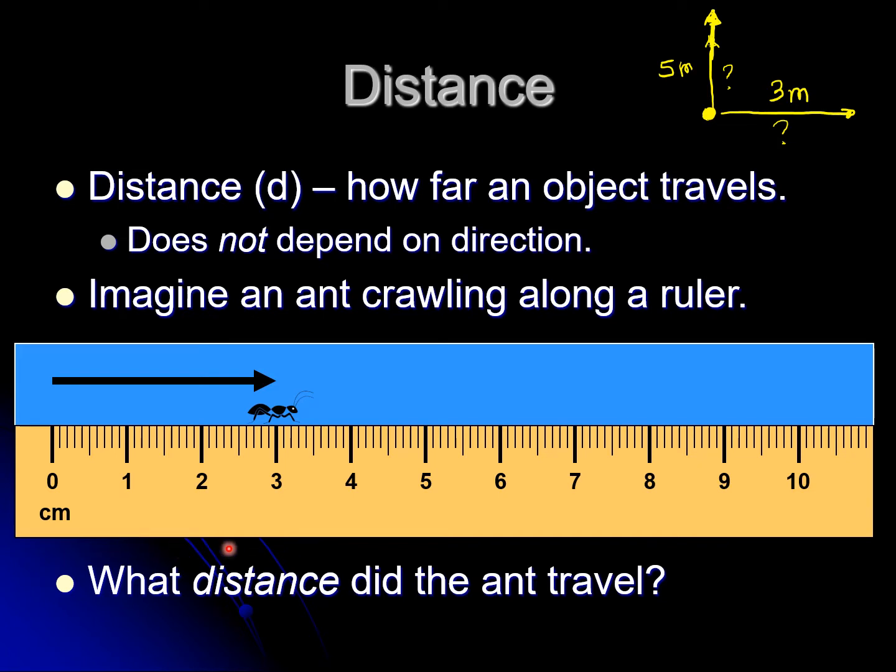What distance did the ant travel, or how far does the ant move from the reference point? As you can see, the ant moved from 0 going to 3. Therefore, the distance, represented as D, is 3 cm.